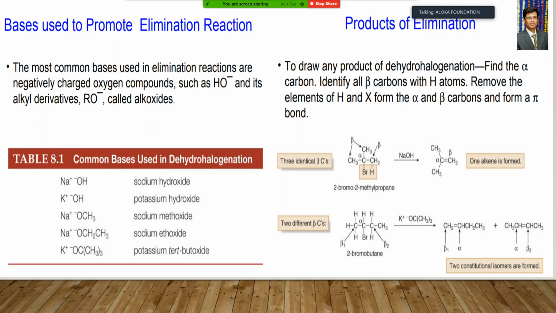It is said that whichever alkene is highly substituted, that will be the product. A highly substituted alkene is formed rather than an unsubstituted alkene. So remember this.